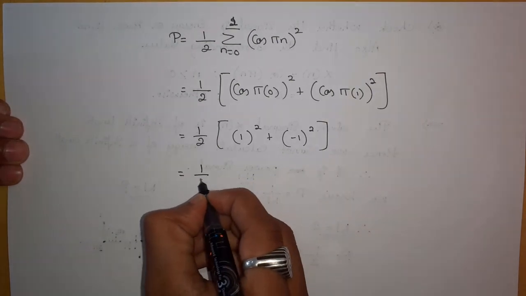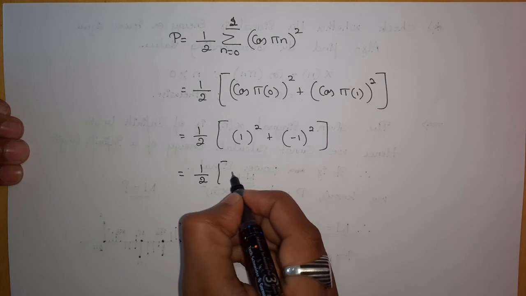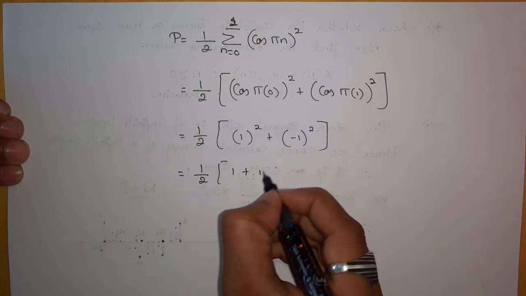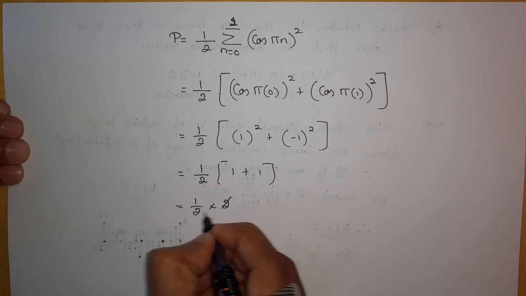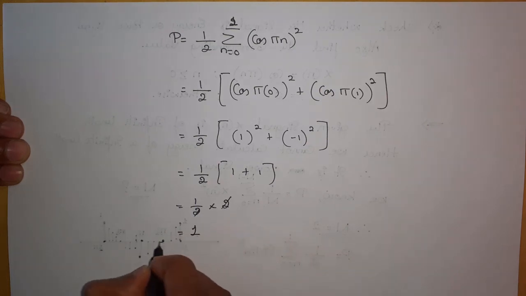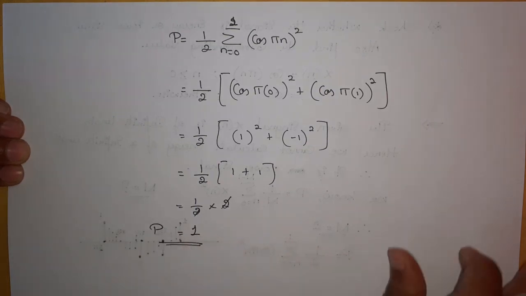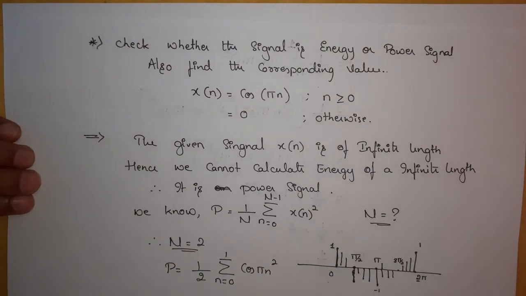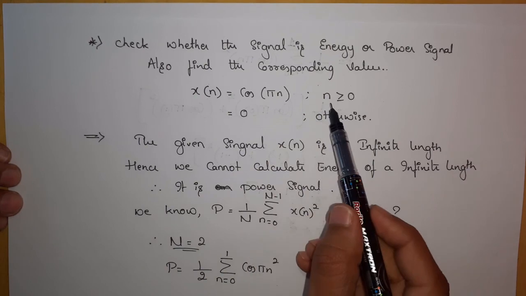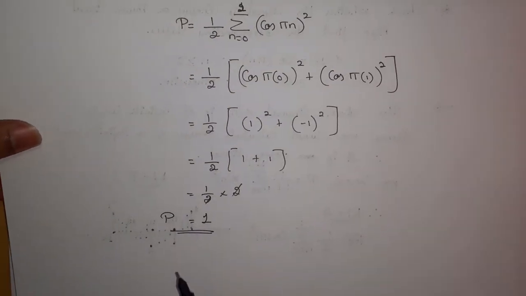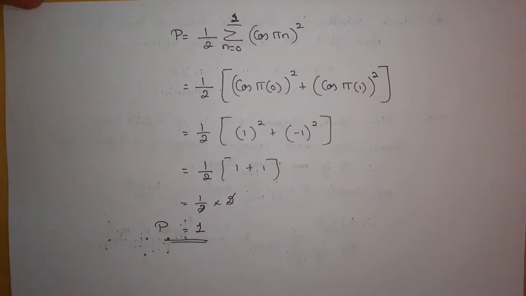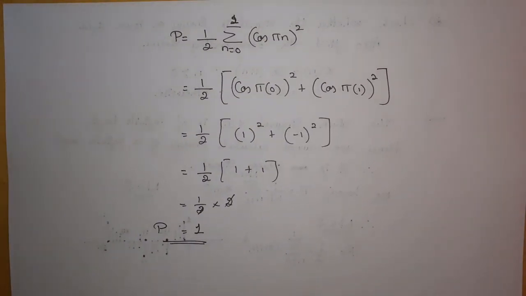Now we got 1 by 2, 1 square is 1 plus minus 1 square is 1, 1 by 2 into 1 plus 1 is 2, 2 gets cancelled, we'll be left with 1. The average power of the discrete time signal x of n is equal to cos pi n for n greater than or equal to 0 is 1.